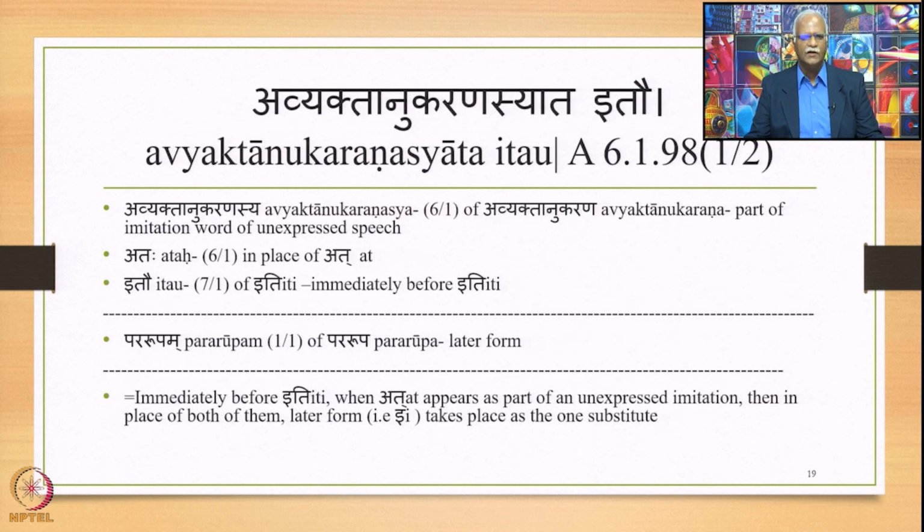Let us go ahead and look at this next sutra, avyaktanukaranasyata itau, 6198, and there are 3 words in the sutra. The first one is avyaktanukaranasya, 6-1 of avyaktanukarana. Avyakta means unexpressed speech.